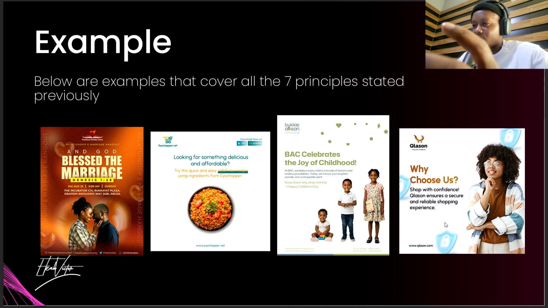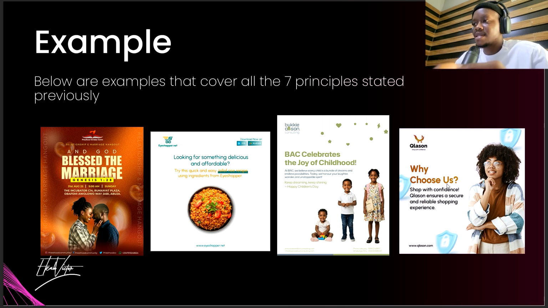And then we also have proportion. Like we said before, everything is proportionate, and we have movement. There is a certain way that your eye reads, so it is important for you to be able to know that particular thing. So let's take for example the movement in this last design. The lady is the first point of action, the first thing you look at, and then you see "Why choose us."